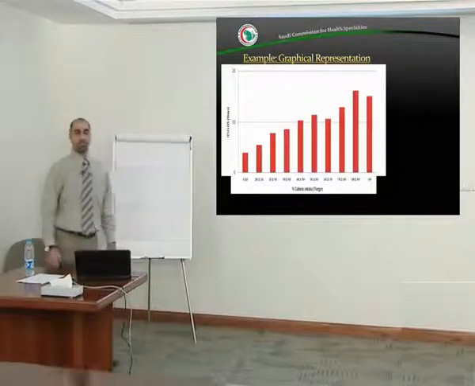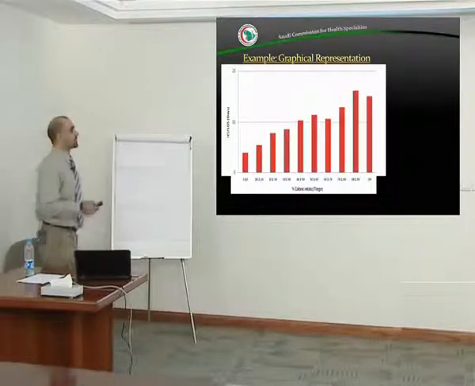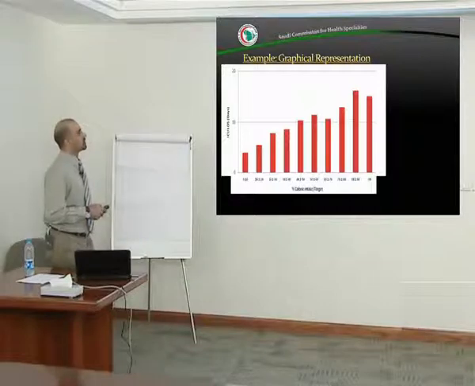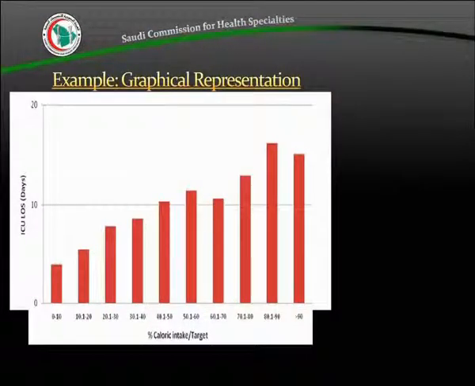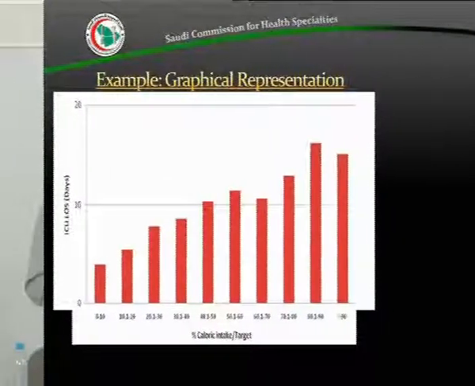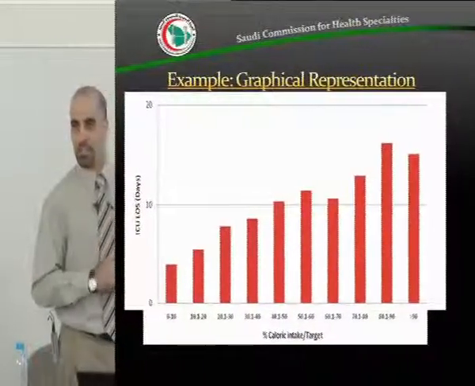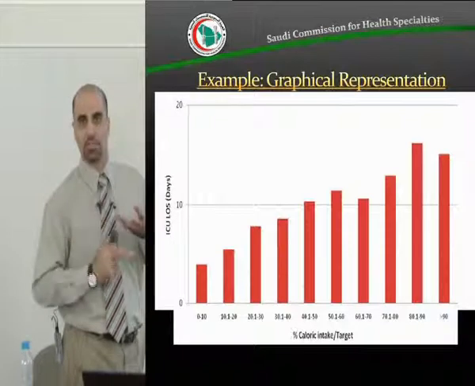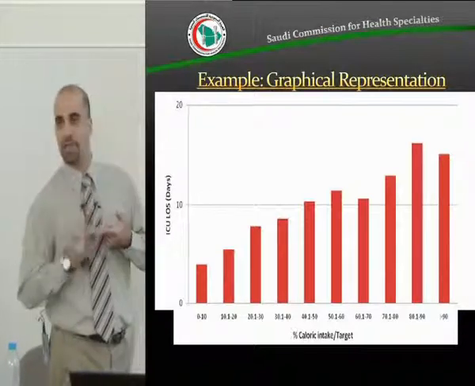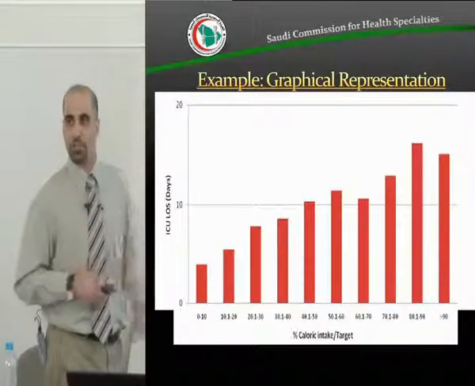Now, in terms of graphical representation, one type is the bar chart. The bar chart is a chart where you have the x-axis, and the x-axis is the variable, or the piece of information. By the way, a variable is any piece of information you collect. So the sex of the patient is a variable, the age is a variable, caloric intake is a variable. Anything that I measure on patients is a variable.